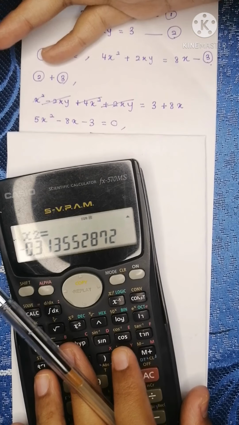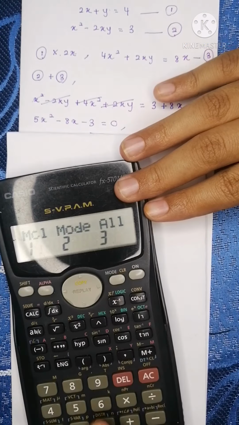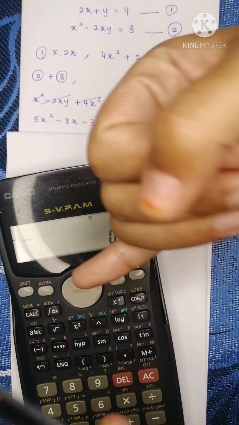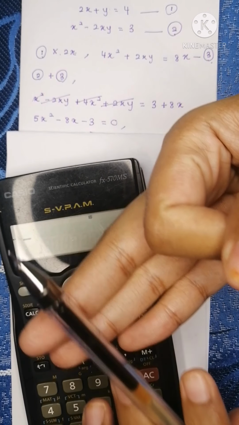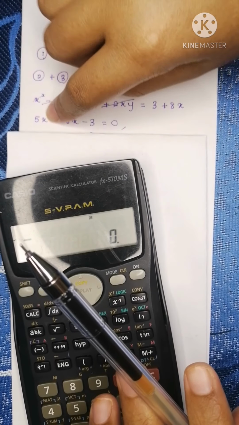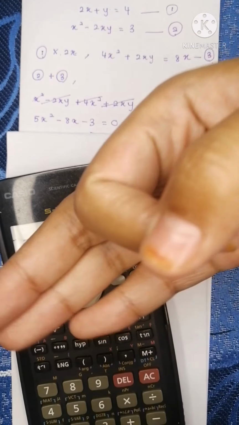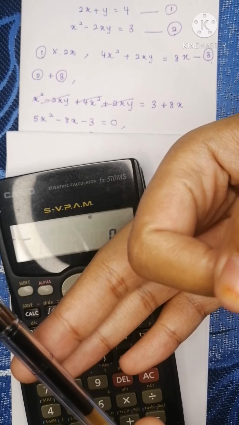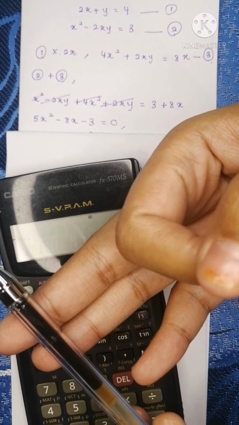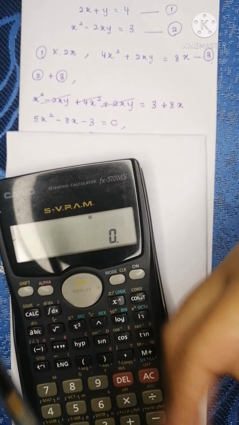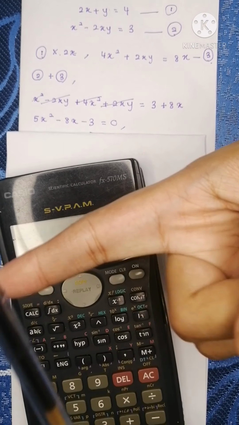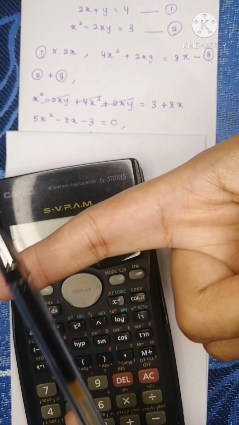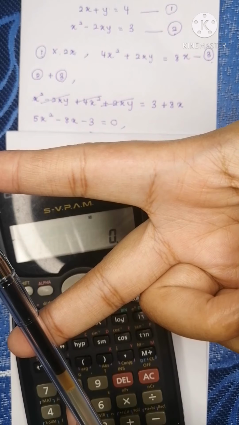So what should we do? We cannot use this factorization method. So what method do we need to use to solve this equation so that we will get the value of x? You just learned in your previous chapter, to solve this quadratic equation, you need to use the formula or completing the square.